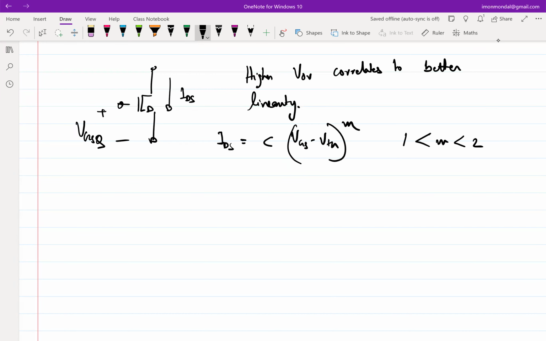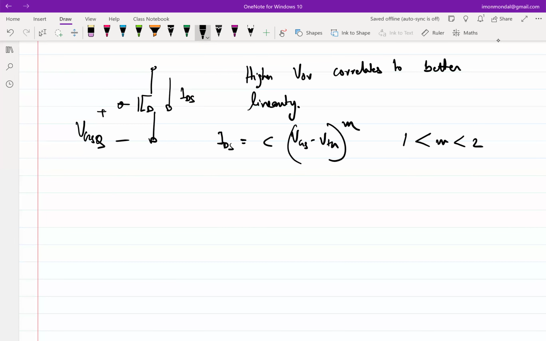If you expand this around some quiescent overdrive, you are going to get all sorts of terms, VOV to the power 1, VOV to the power 2, 3, and so on, which naturally means that you should be able to extract the information of third order, fourth order, or fifth order distortion from this simplistic equation, right? So that is one of the reasons this is also useful.